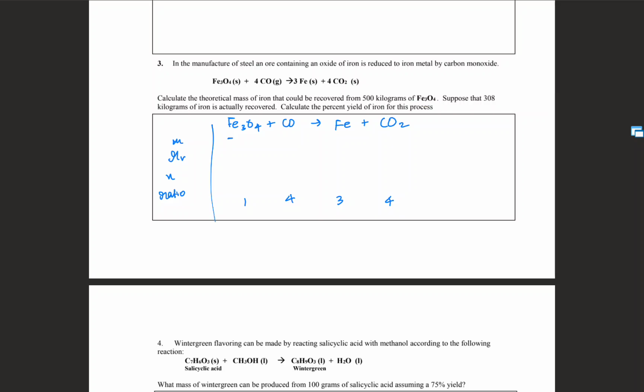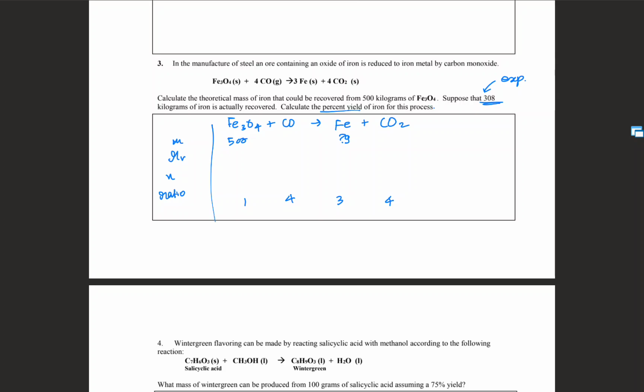Let's just keep it 500. Suppose that 308 kilograms of iron is actually recovered. This is the experimental, and we are going to use this later. What we actually need to find is the theoretical, to compare it with the experimental, and then we can find the percent yield as well.